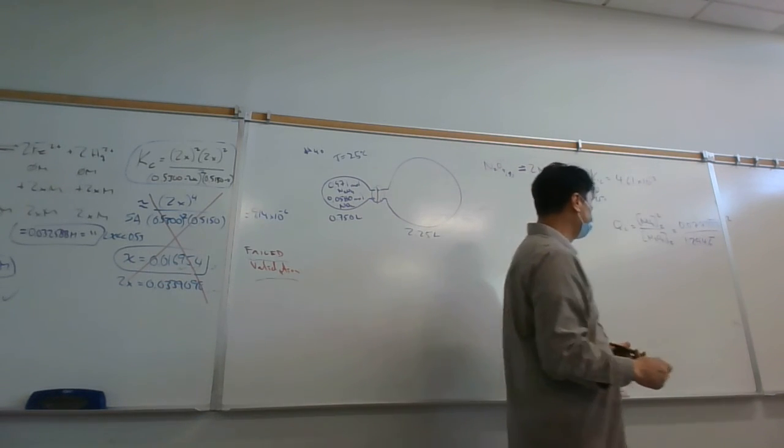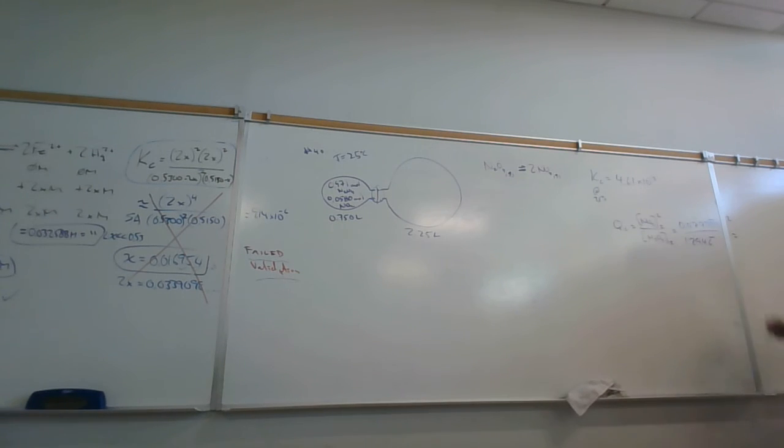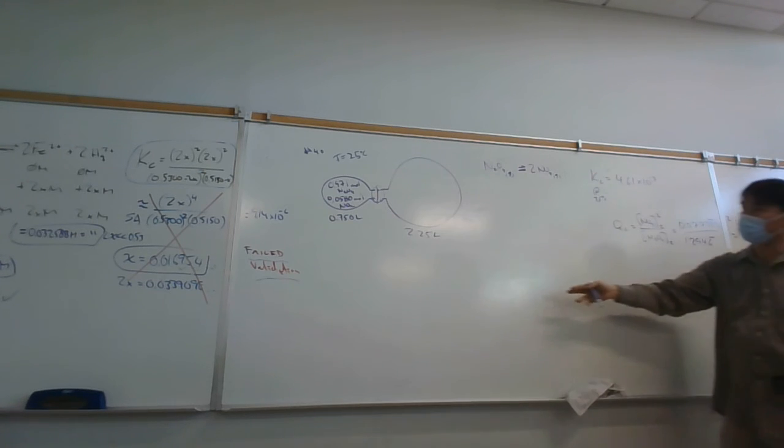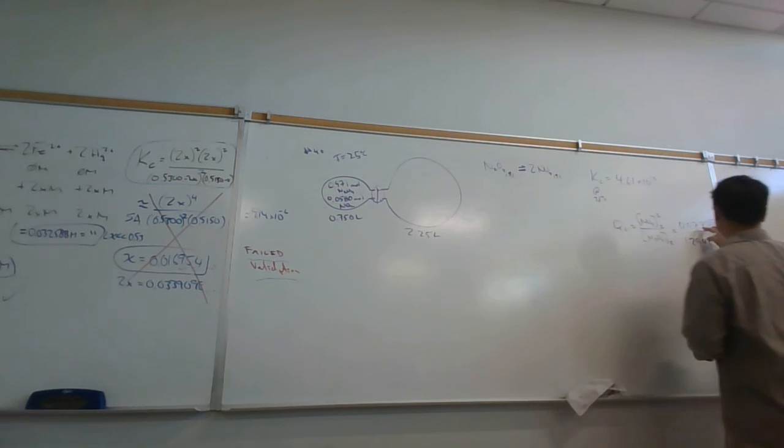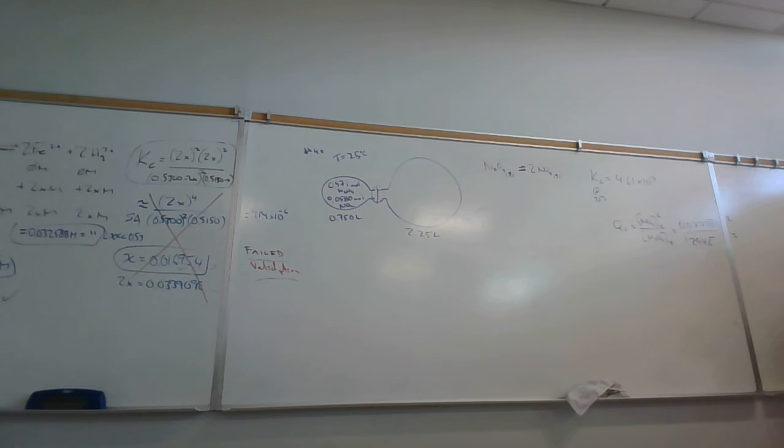So let's go ahead and calculate this. On the top is squared. I should have squared it earlier. How many sig figs are we allowed? We're allowed 3 sig figs, is that correct? Yeah. But I'm going to carry one extra, at least here.